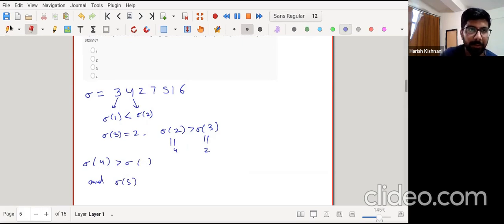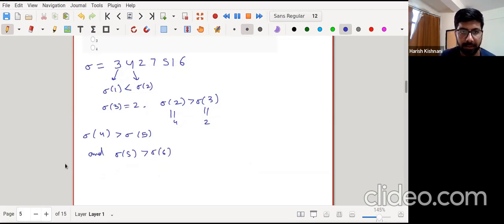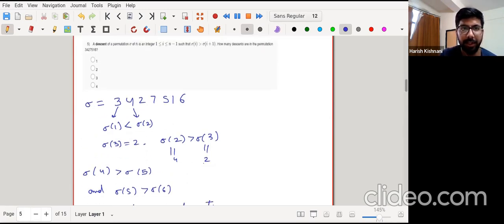This is sigma of 5 and sigma 5 greater than sigma 6. So this implies 2, 4 and 5 are descents. The correct option is 3. Okay.